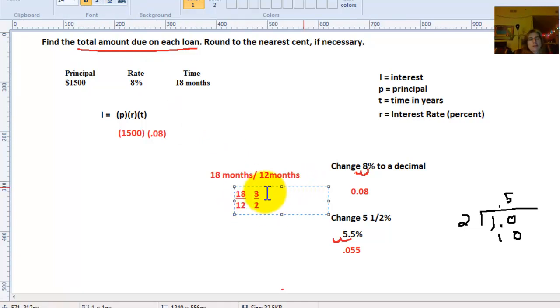You get 3 halves. So we can use the fraction 3 halves, but we've got a decimal, and then we're going to multiply by a fraction. That's not really helpful. So it's smart to change our fraction to a decimal. In this situation, 3 halves is equal to 1 1/2. If you can't see that, you can do the division as I showed you before.